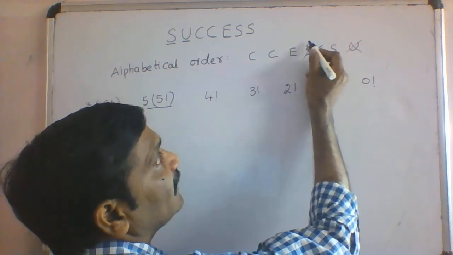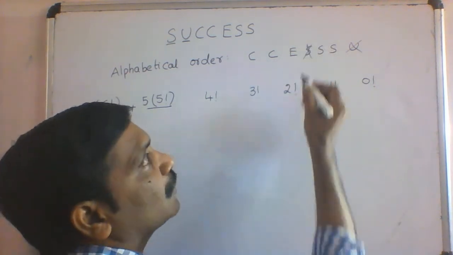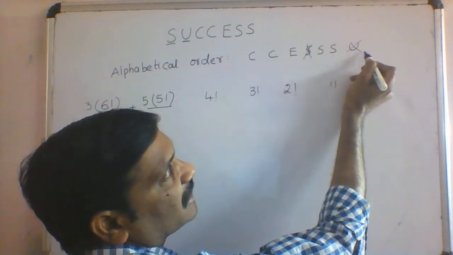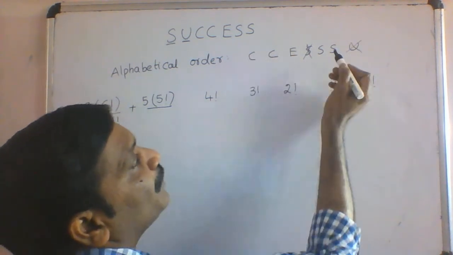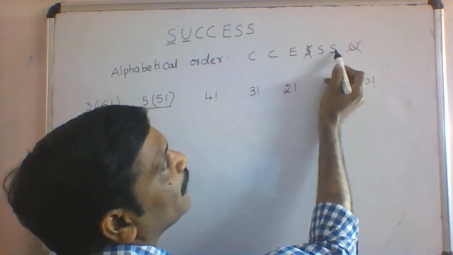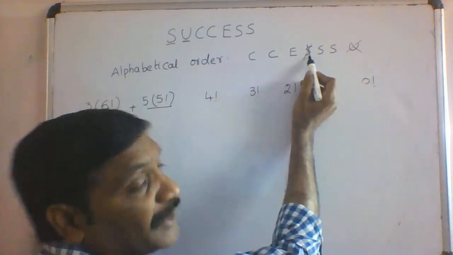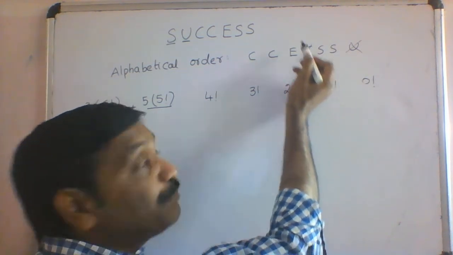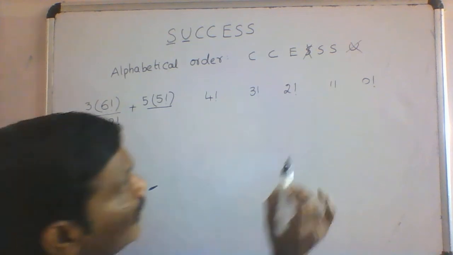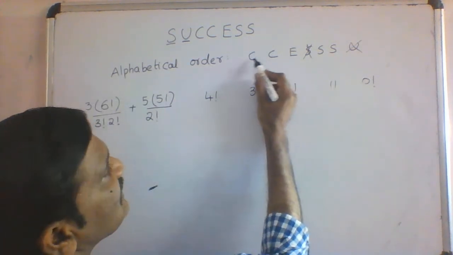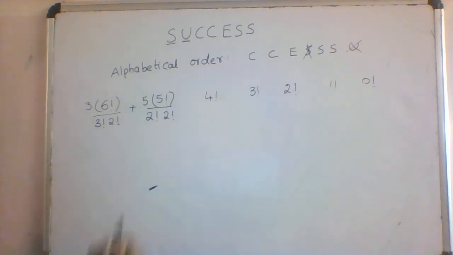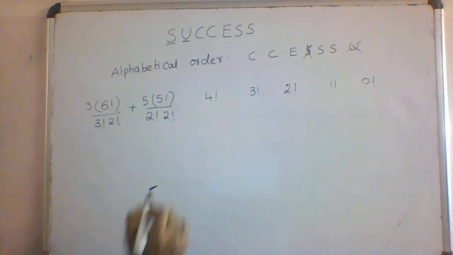The one already gone, you need not consider, the one you just struck. So among all this, how many repetitions are there, you have to count. 2 S's are there, this one you need not count, that is the previous case. So I write 2 S's here, 2 factorial, and 2 C's, 2 factorial.